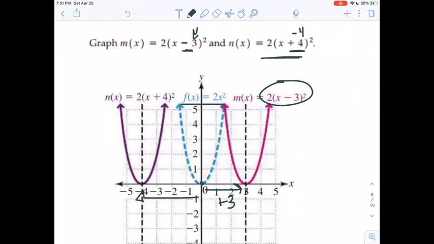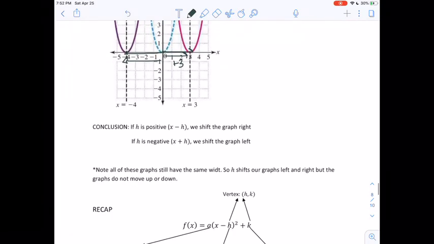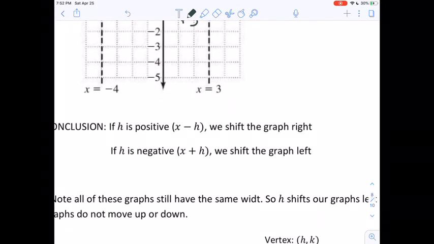So the vertex is staying on the x-axis, but it's kind of moving along the x-axis, however many is inside of the parentheses with that x. So it's either moving 3 to the right or moving 4 to the left. Okay, so our conclusion is if h is positive, which I know it doesn't look like it is, but in this case, h is positive. So if it's being subtracted from the x, we shift right.